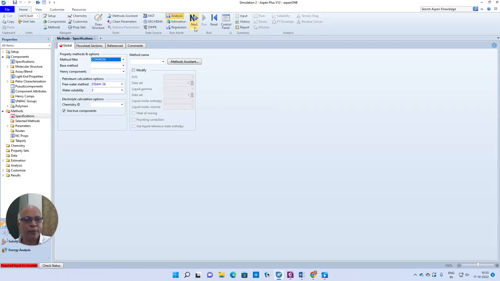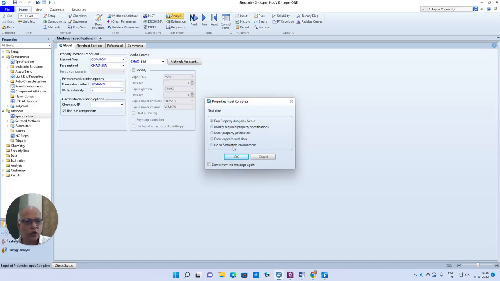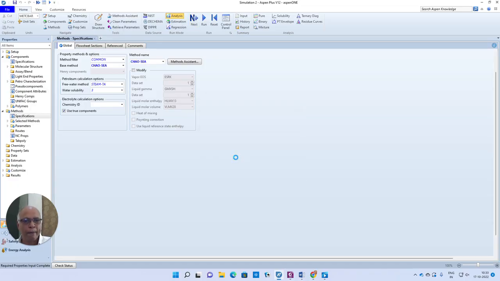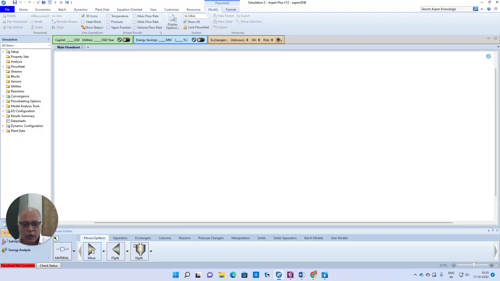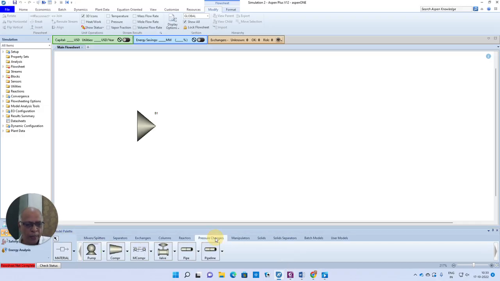So these are all the components that we are going to make use of in this simulation. Go to the next step, use a property method, go to the next step and go to the simulation environment. Now the fuel is mixed with air and then compressed, followed by the adiabatic combustor.